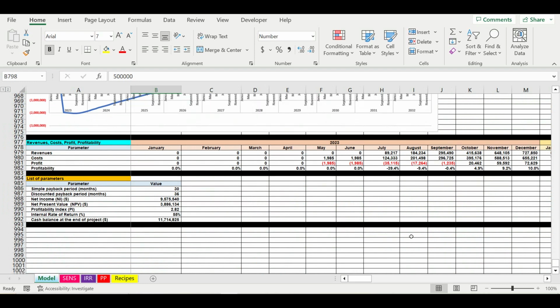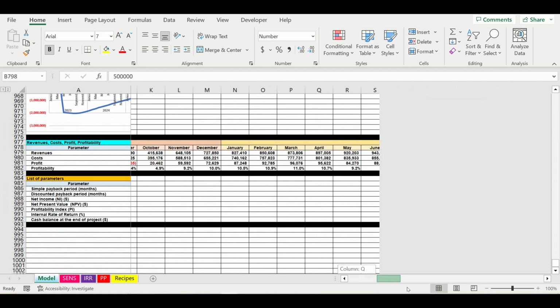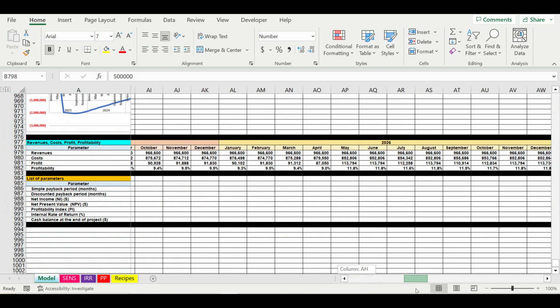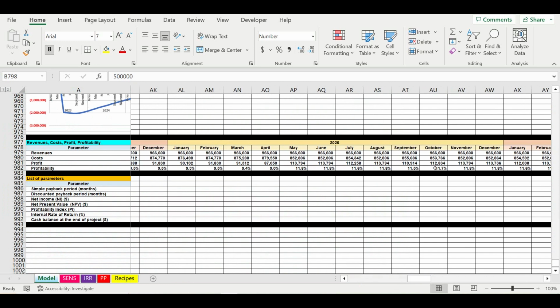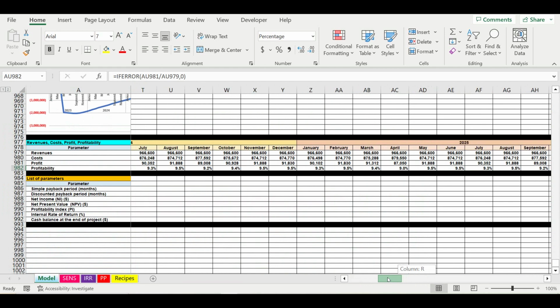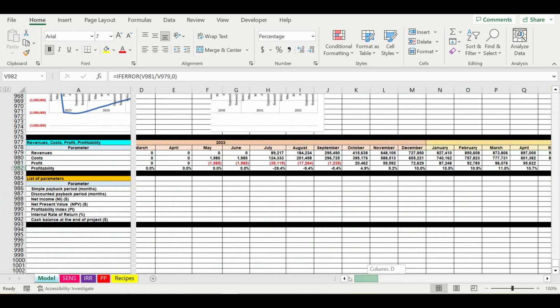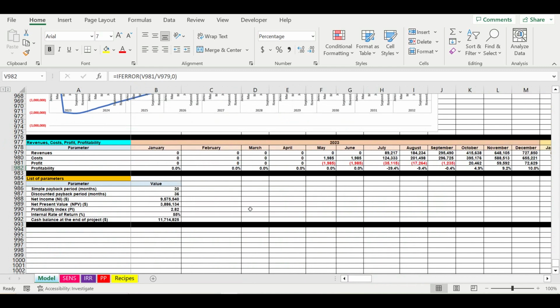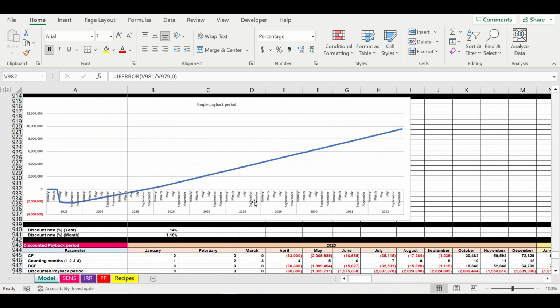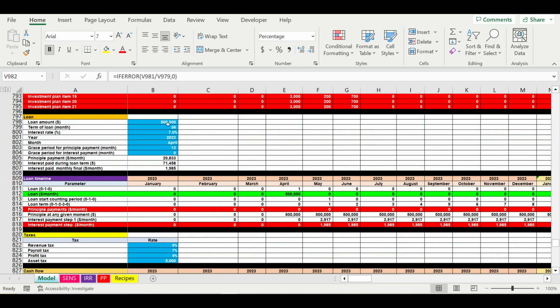here we can see that the level of profitability jumps. So we can see here how seriously the loan affects our business idea. And now we can, for example, take away the loan completely.